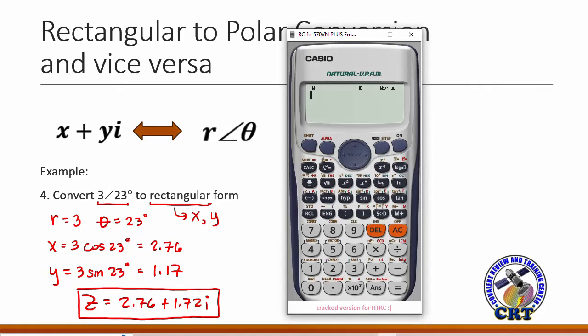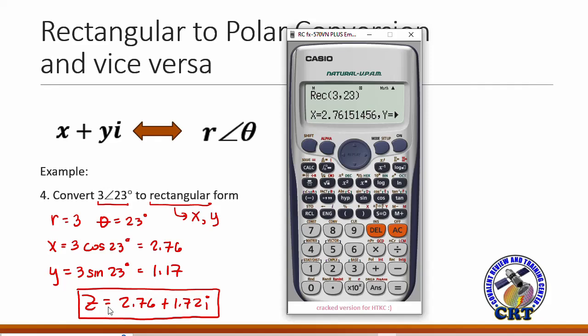Next, let me show you the solution using the calculator function rect. So shift, then the rect function, you have to input r comma theta. So this is 3 comma 23. Then close parenthesis and press equal sign. This will give you x, 2.76151456, but we'll be using up to 2 decimal places.